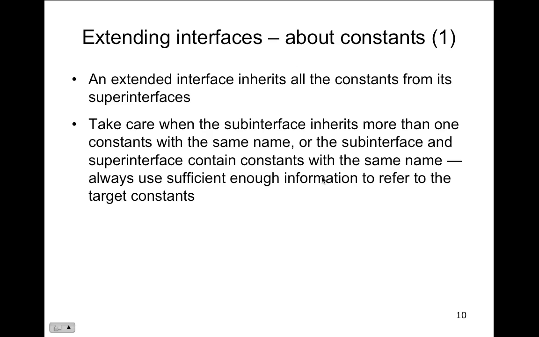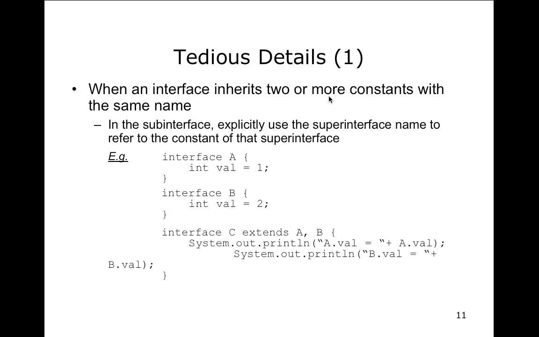If you do that, then on the interface itself, you can resolve it by using the dot notation. Or, and this is a better example here, specify explicitly. Here we have an interface that inherits two or more constants with the same name. In the sub-interface, we explicitly use the sub-interface name to refer to the constants.